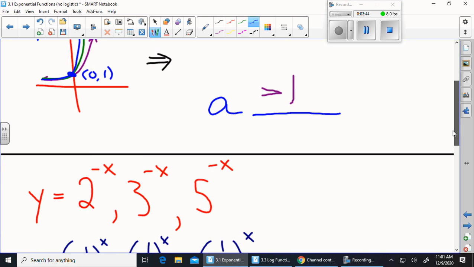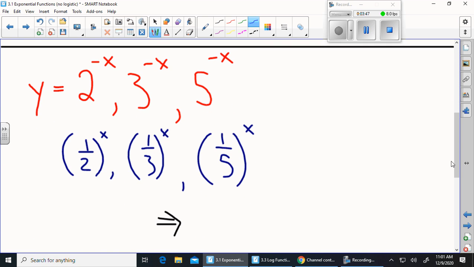Now, when do you get decay? We could say that if you flip growth over the y-axis, which is what that would do, you have decay. But if you really think, what is 2 to the negative x? 2 to the negative x is 1 over 2 to the x. Well, that could be written like that.